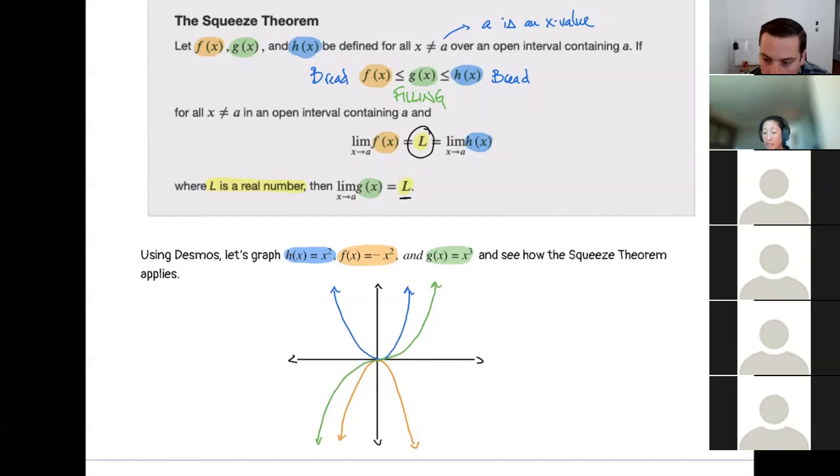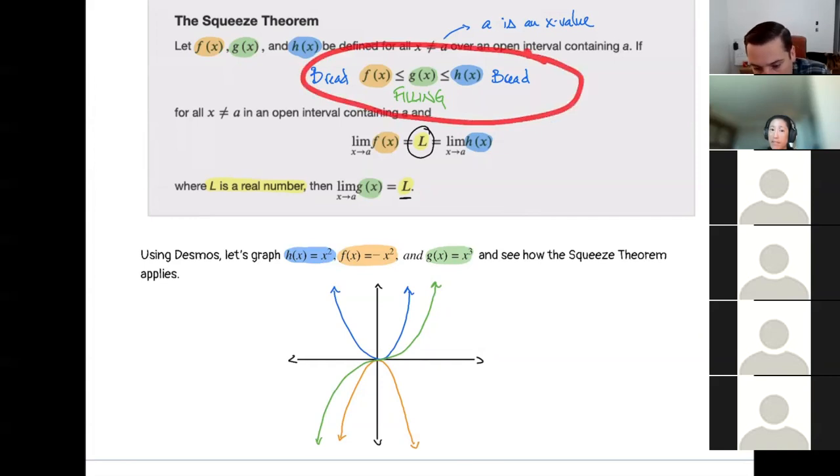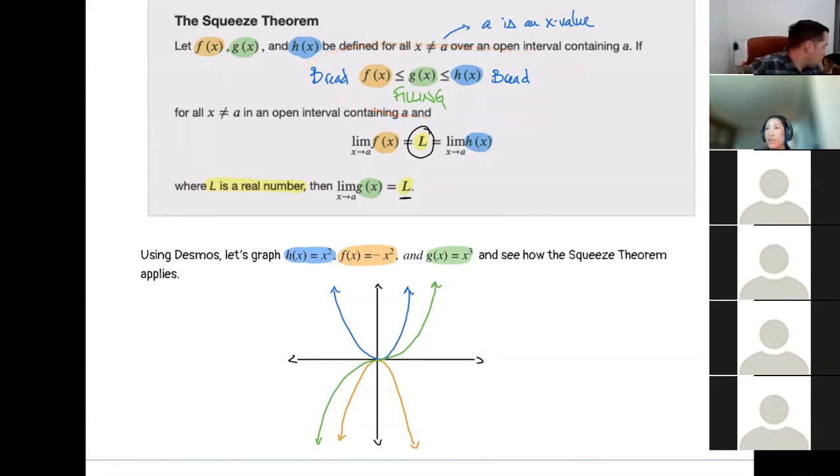So because our picture matches this statement that f of x is less than or equal to g of x, less than or equal to h of x, we can do exactly as someone said in the chat, we can squeeze it to 0, okay? So in other words, our a in this case is 0, and this is an x value.